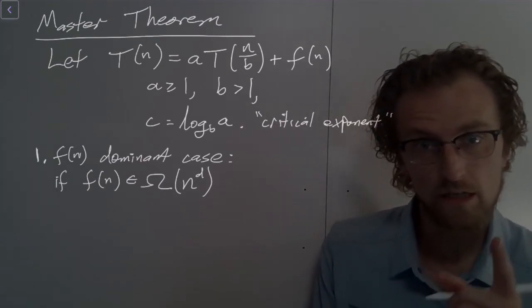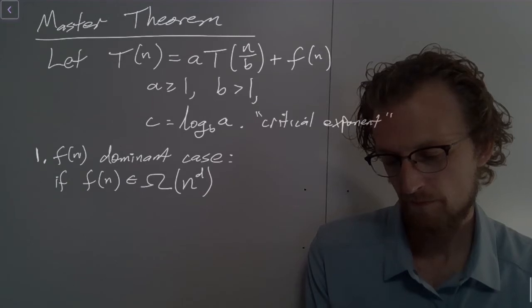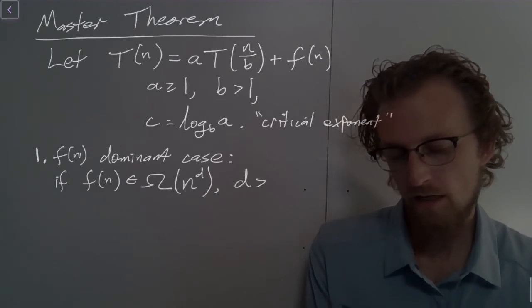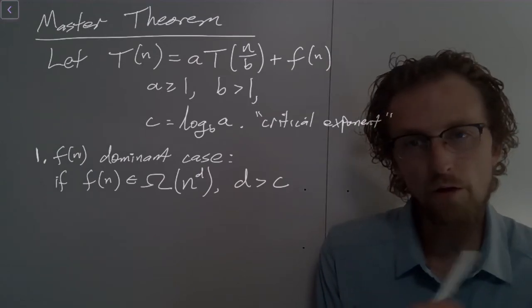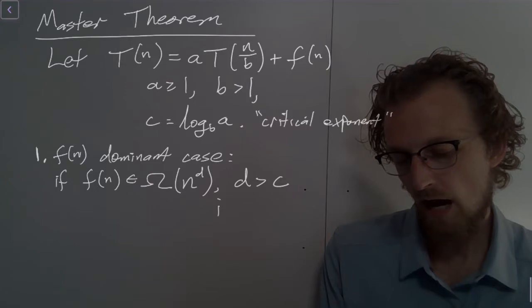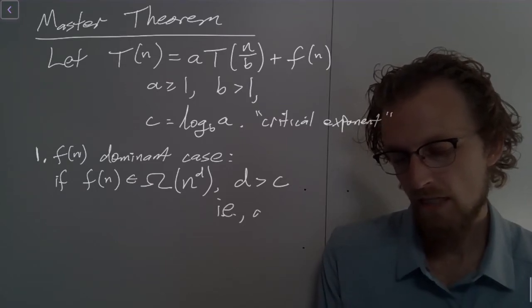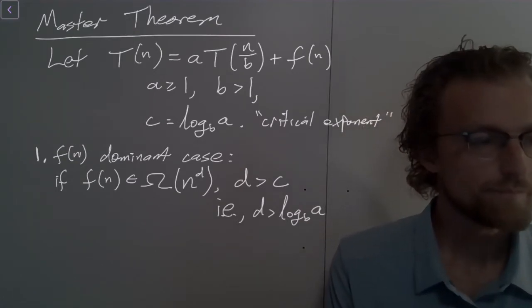Well, here's d: d is anything strictly greater than c, where d is greater than c. And there's a couple other ways I could write this, i.e. d is greater than log base b of a.